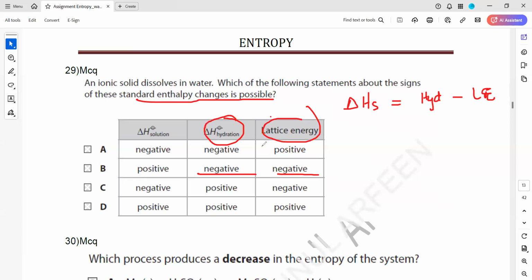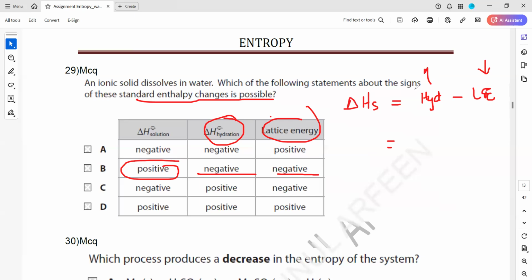Lattice energy is always exothermic. When both are negative, the enthalpy of solution can be negative or positive because it depends on hydration. If hydration is more and lattice is less, it will be negative. If hydration is less and lattice is more, it will be positive.